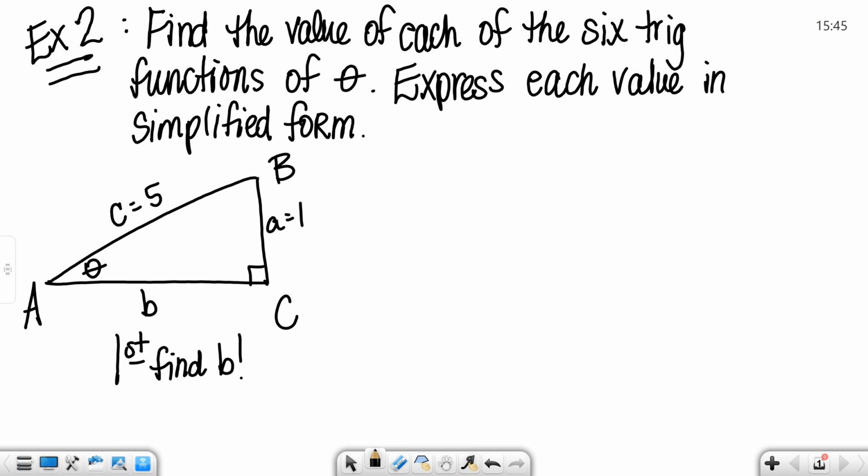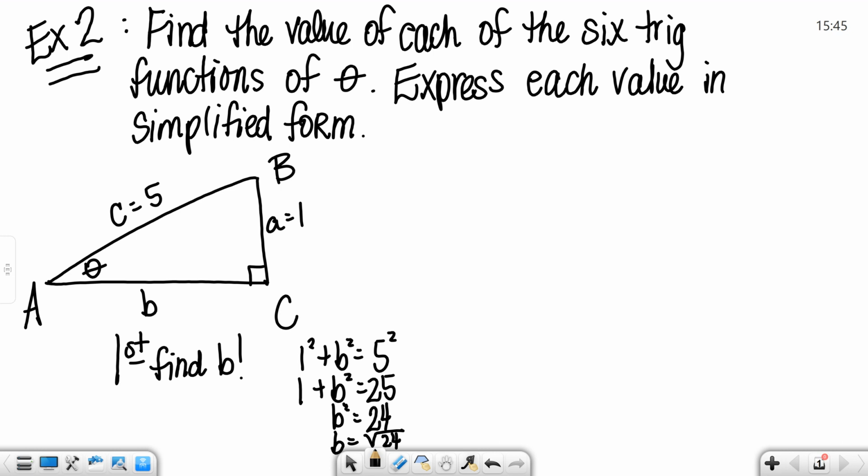So we do that with the Pythagorean theorem. A squared plus B squared is C squared. So I move that 1 to the other side. I get B squared is 24. When I square root both sides, I have to do the square root of 24.